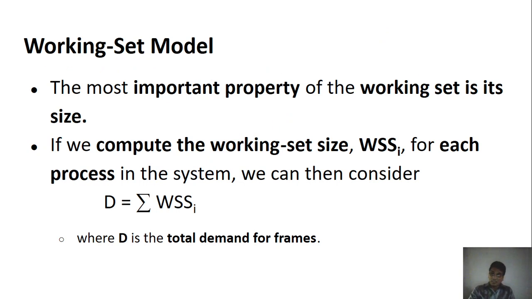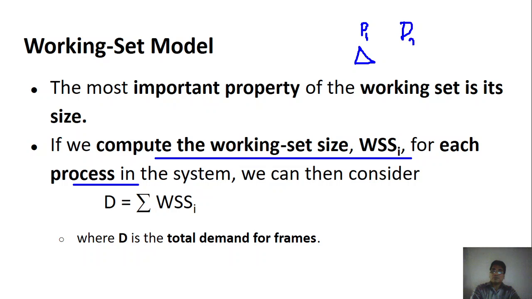So what is done is, you first find out the working set for each process, like how I have done for process 1. For process 2, you find out the working set. Then you sum all of them.